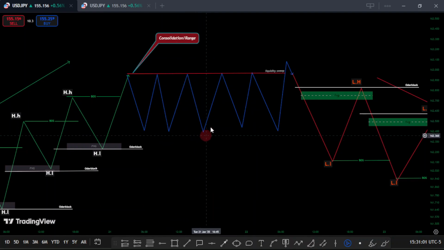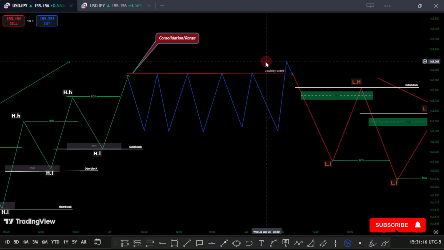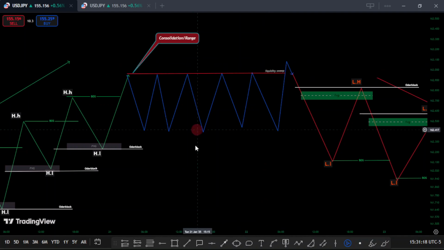Price gives us a range, remember a consolidation, price is moving inside a resistance and a support. And then the next thing price does is that it goes up beyond the support or the resistance. Now that we call a liquidity sweep, because the liquidity that was above over here has been swept, and then the main move occurs. That is just how a liquidity sweep is formed in the market.